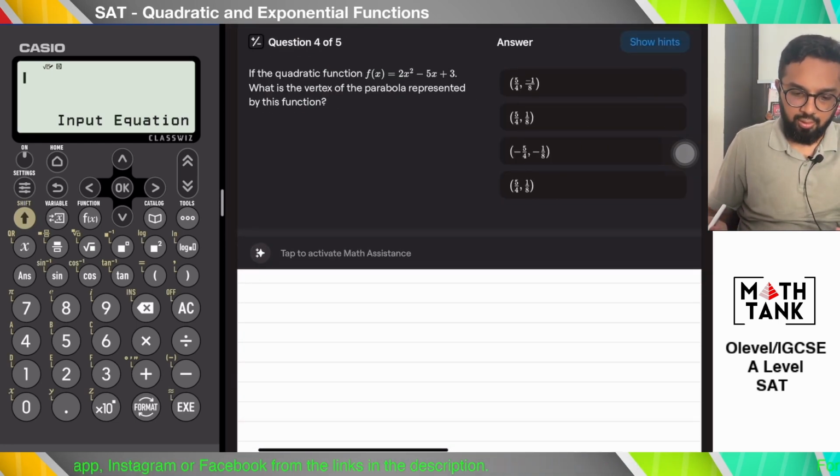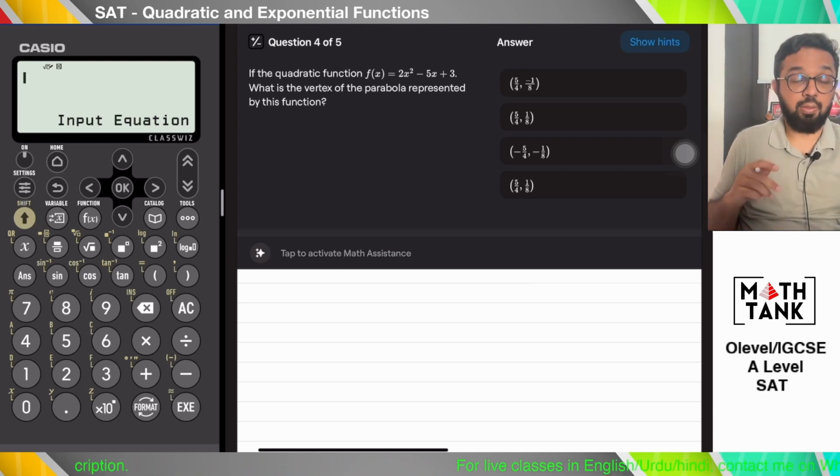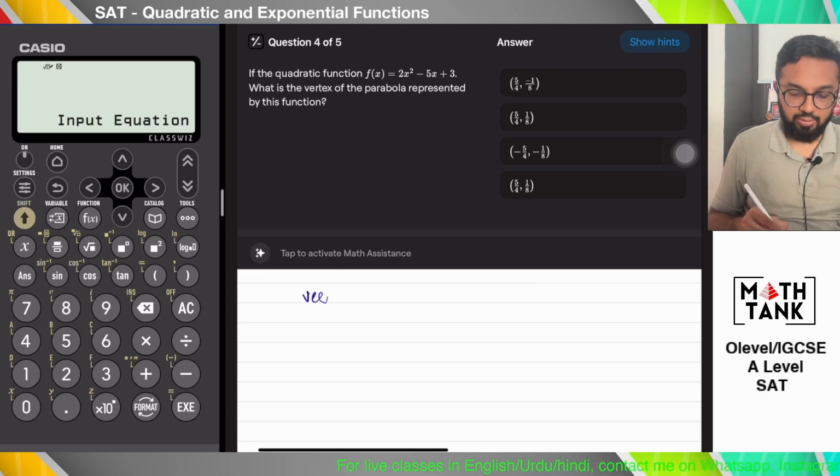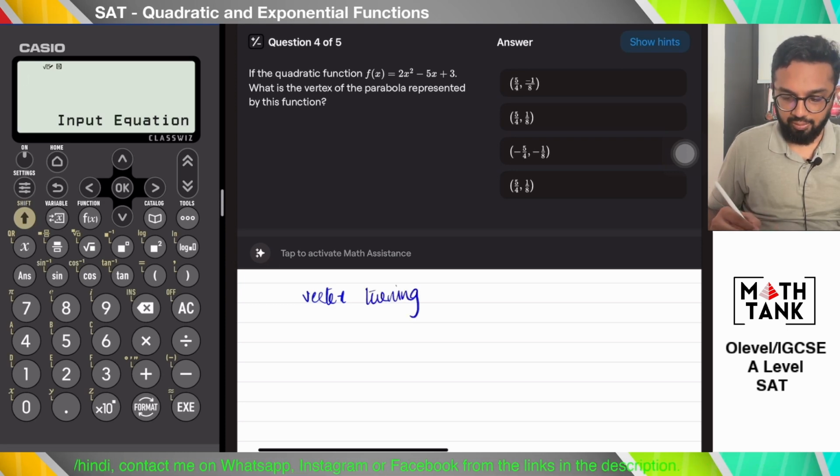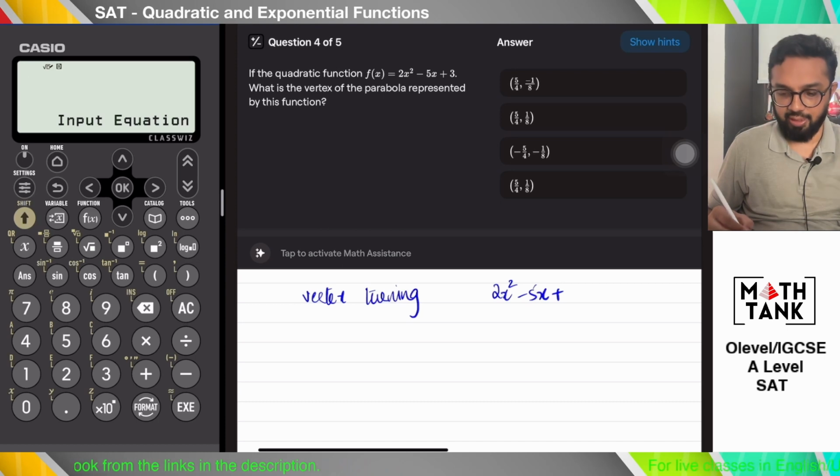Question number 4 says the quadratic function is represented by the parabola represented by the function. Okay, what is the vertex of the parabola? So the vertex is the turning point. There are various ways of finding the turning point. I'm just going to demonstrate one of them so that you can see what is happening. I can find the x coordinate of the turning point, although my calculator can do this directly.